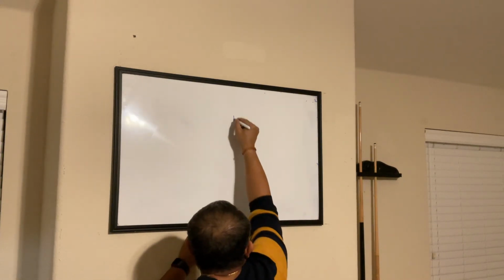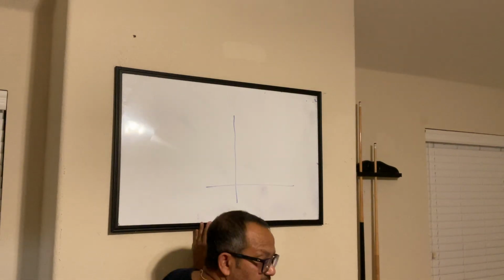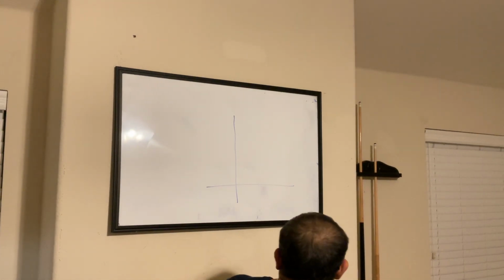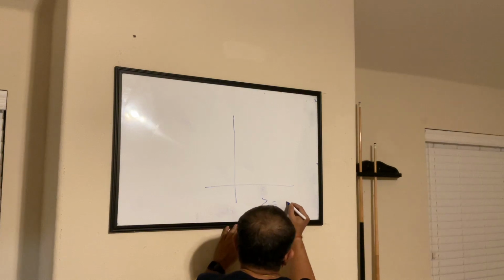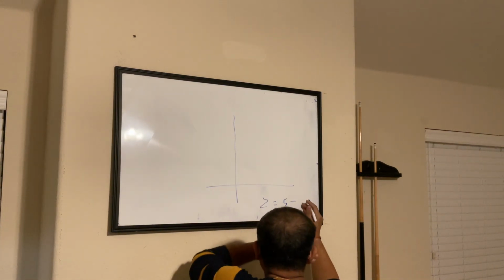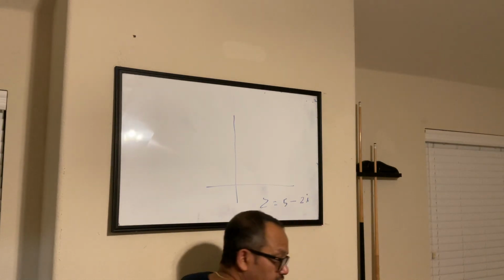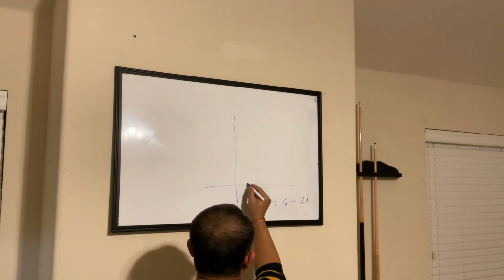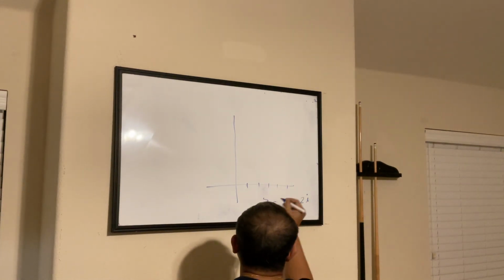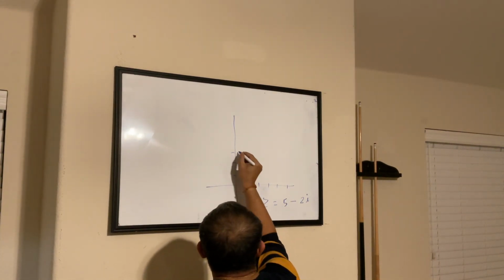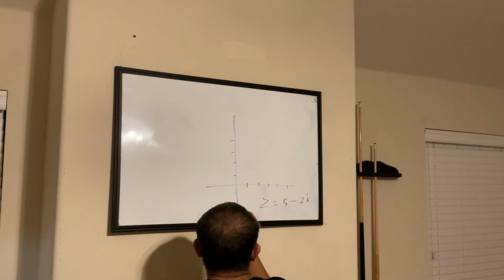So if we say absolute value of a complex number, I have a complex number, say 5 minus 2i. So let's say 1 2 3 4 5, and 1 2 3 4 minus 1 minus 2.